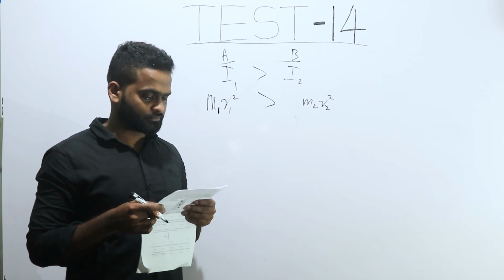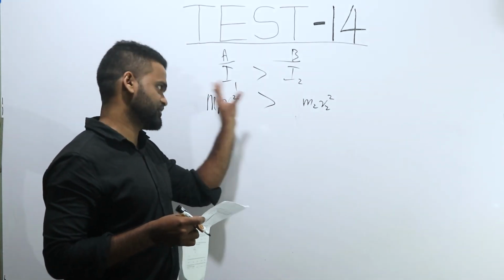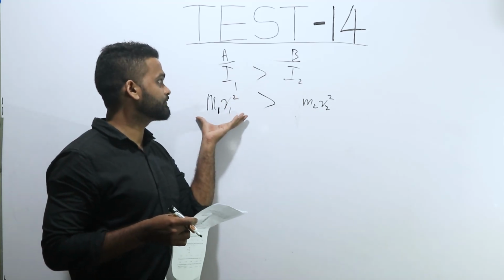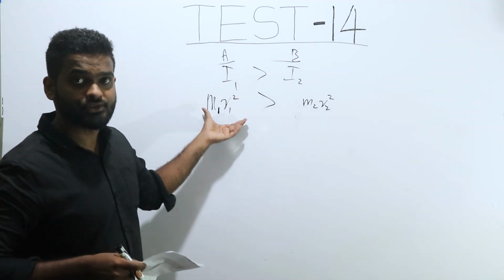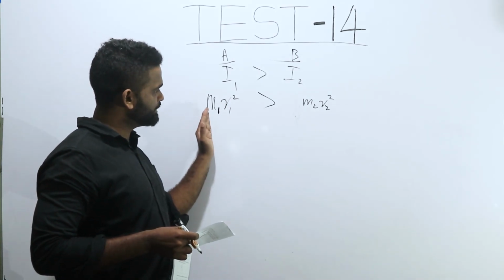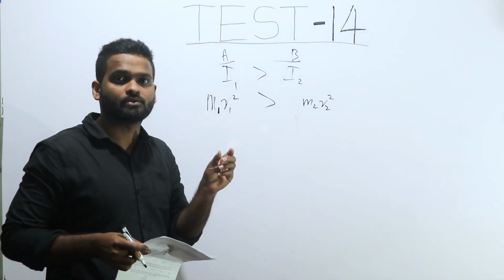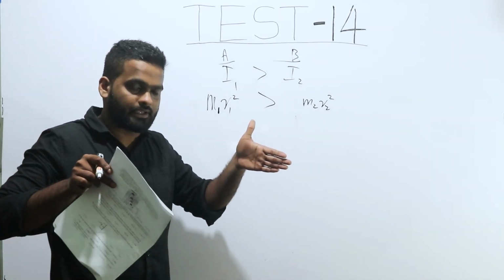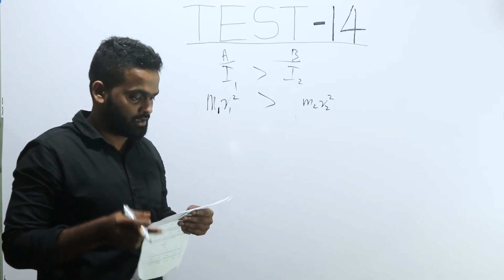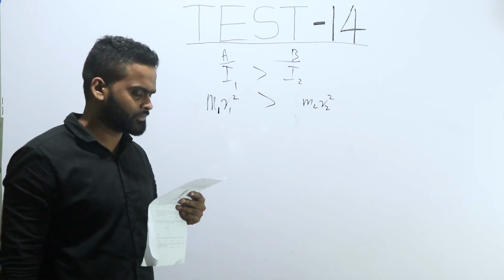This only means the moment of inertia of A is higher, but we cannot say individually that these terms, mass only or radius only, are higher. We have to get them together. Okay, then A and B are wrong.